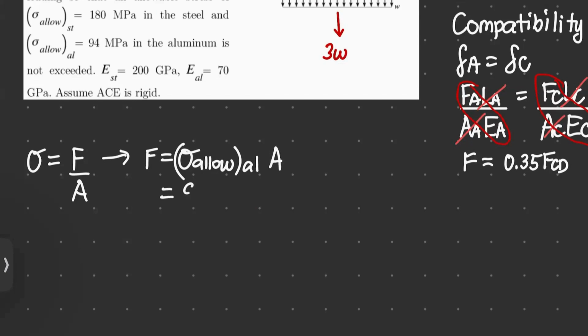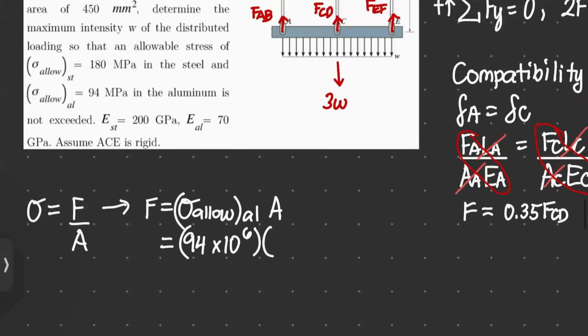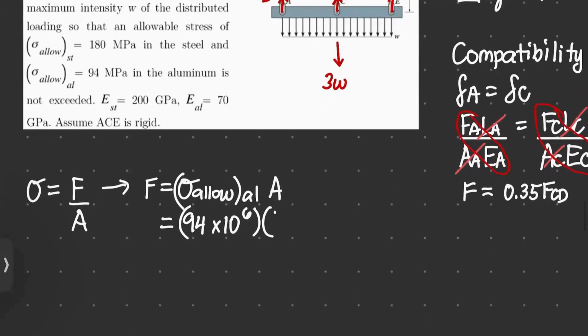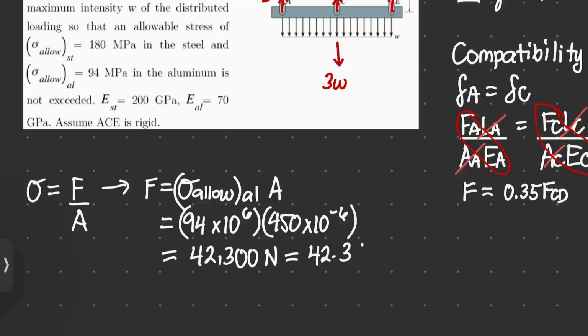So this is equal to 94 megapascals, which is 94 times 10 to the 6th. Then we also convert our area from 450 millimeters squared to 450 times 10 to the negative 6 square meters to assume uniformity again. This results in a value of 42,300 newtons, which we can just say is 42.3 kilonewtons.